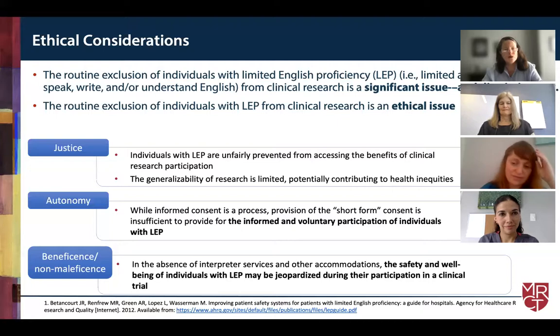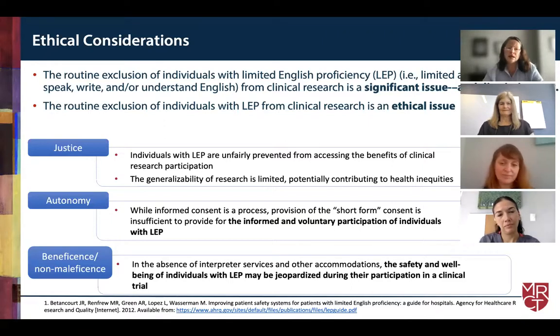It's important when we realize that informed consent is a process. That is absolutely true. But provision of the short form is insufficient to provide the informed and voluntary participation of individuals with LEP. Even if you have an interpreter at the time, it is a requirement that we provide the full informed consent to English-speaking participants in the US. Why don't we do the same for other participants?